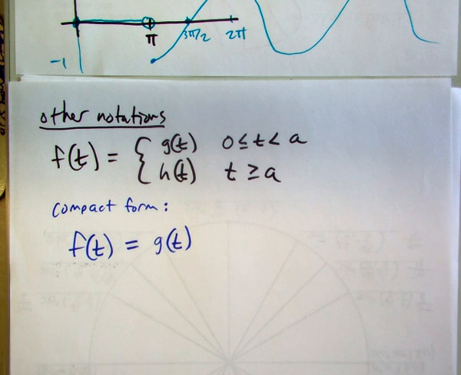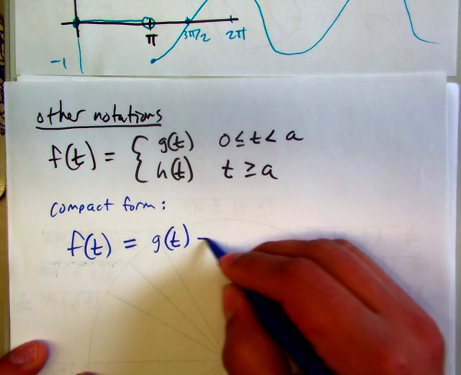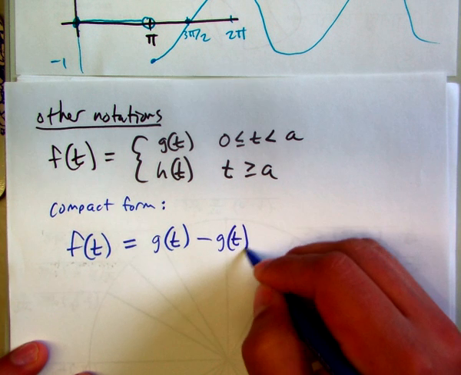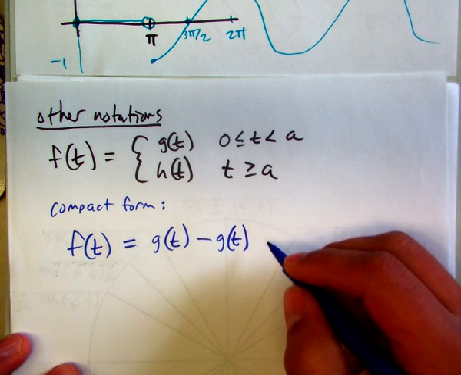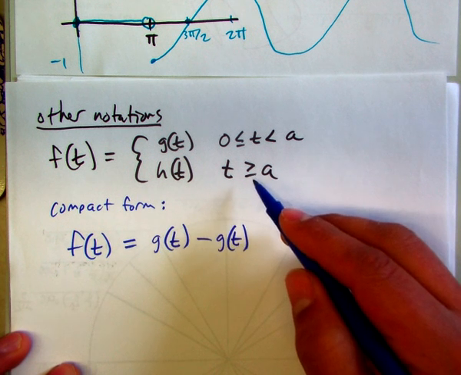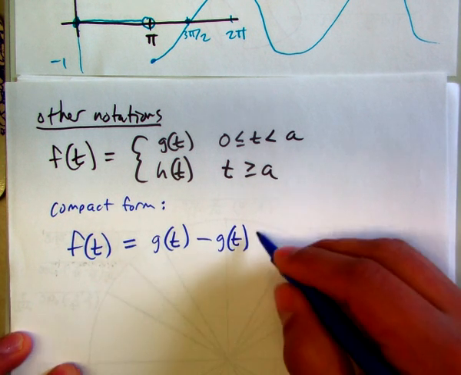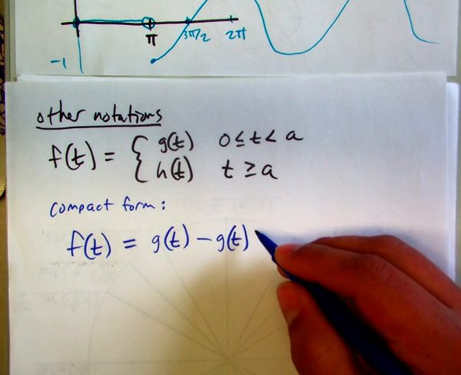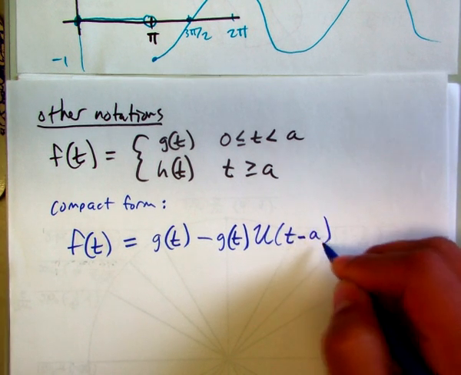Okay, so how do we shut off g of t? Let's do that first. We could subtract g of t, but we don't want to subtract g of t starting at 0, because then that would throw things off, right? So what do we multiply it with? u of t minus a. Does that make sense?